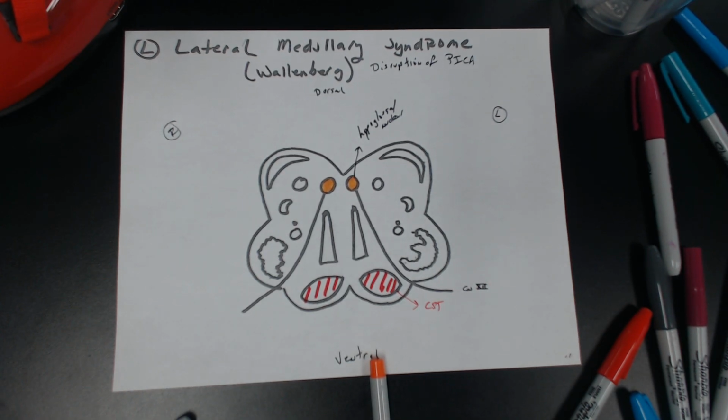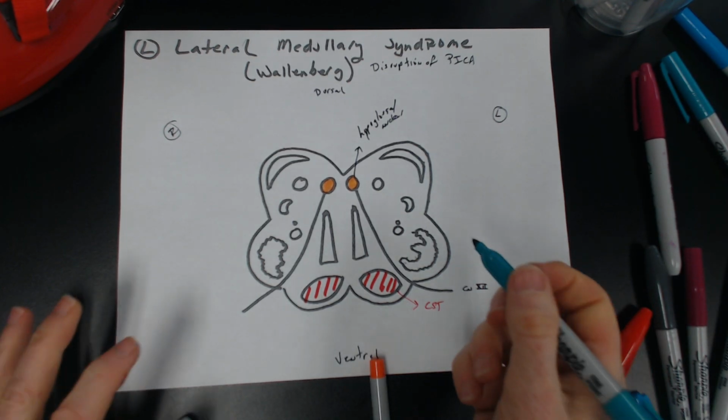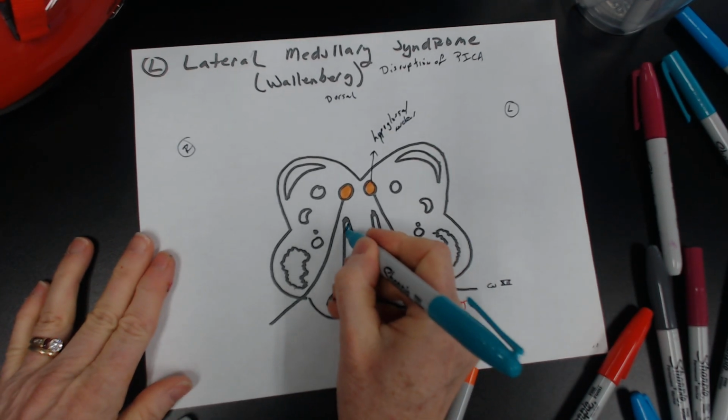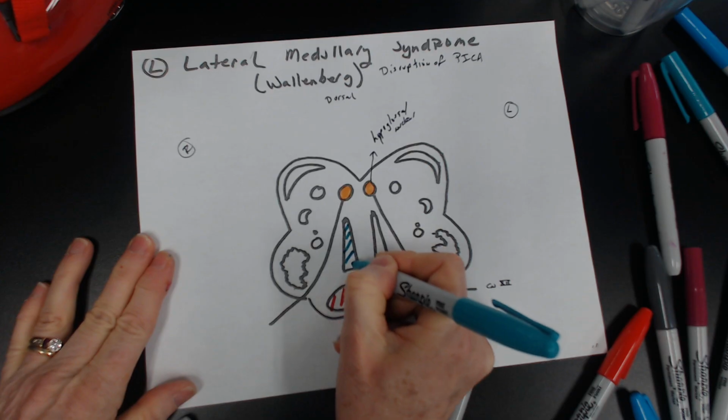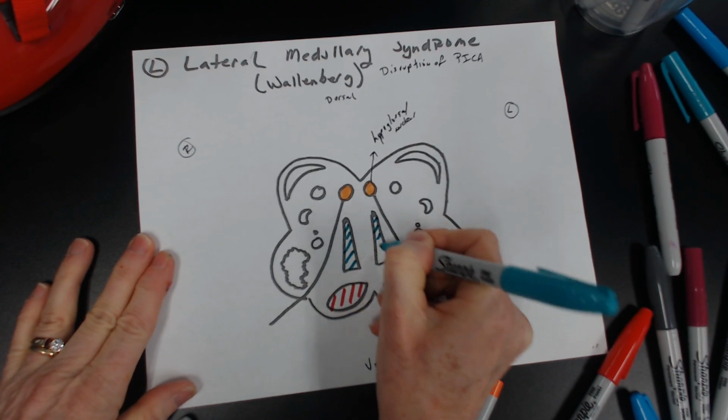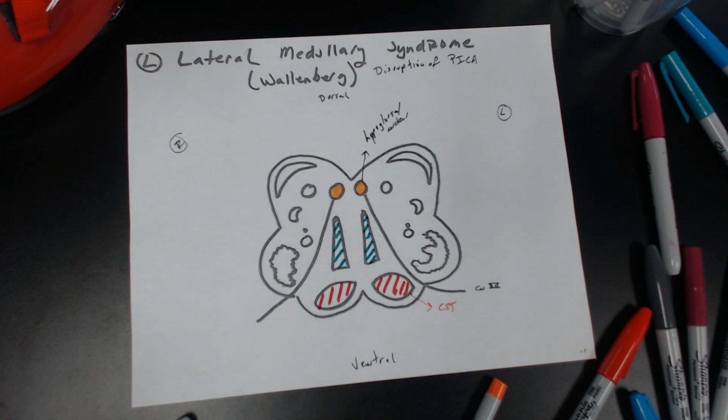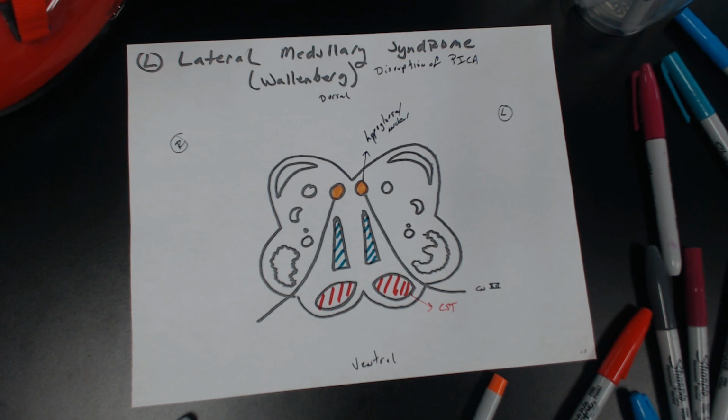Okay. Moving again more medially, this long elongated structure that's present medially is your medial lemniscus.